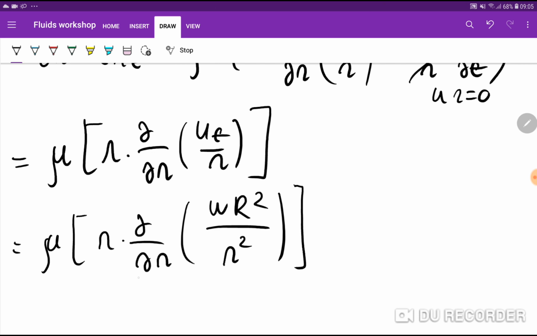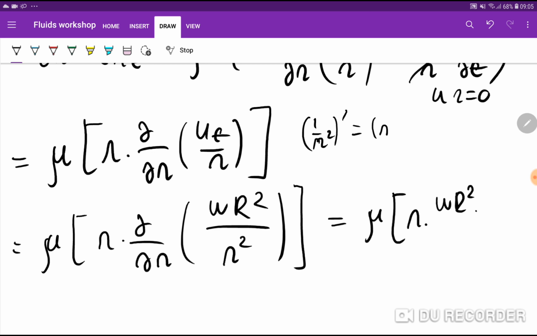Then if you take this term right here, the partial with respect to r, you get mu times r times omega r squared times 1 over r squared. What is the derivative of 1 over r squared? The derivative of r to the negative 2 is negative 2 times r to the negative 3, which is negative 2 over r cubed. So negative 2 over r cubed.